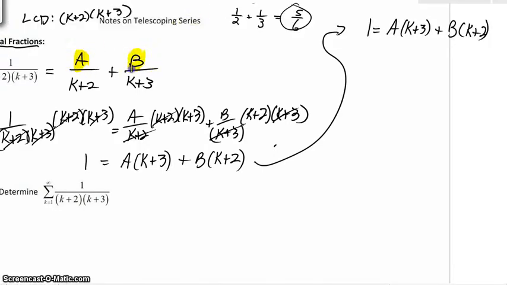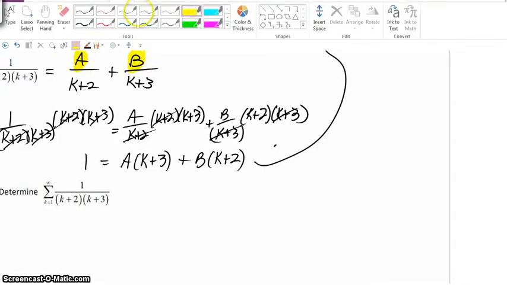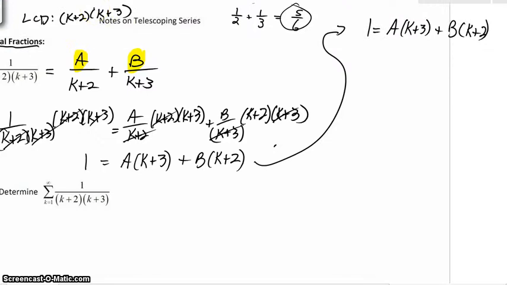A and b are specific numbers, and if I can figure out what they are, I can break that original fraction into two separate fractions added together. So I'll tell you what, this is a wonderful way that you can solve, and it's really choosing clever values of k. Choosing smart, clever values of k.